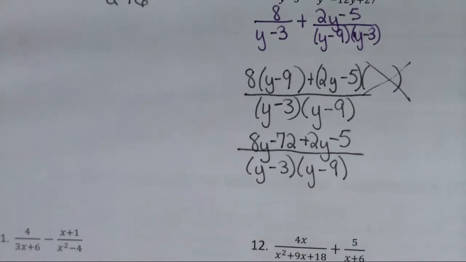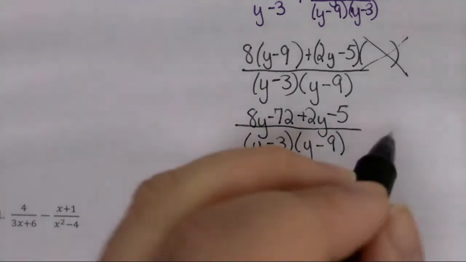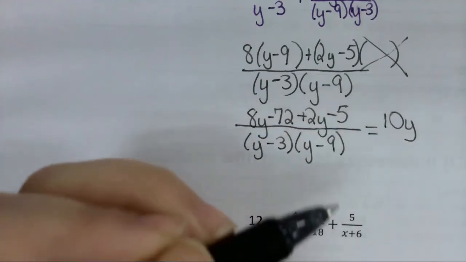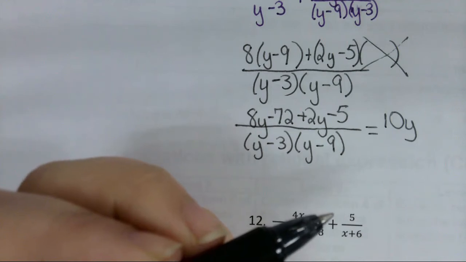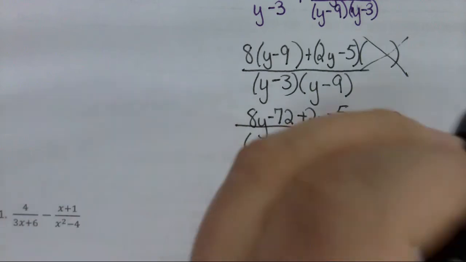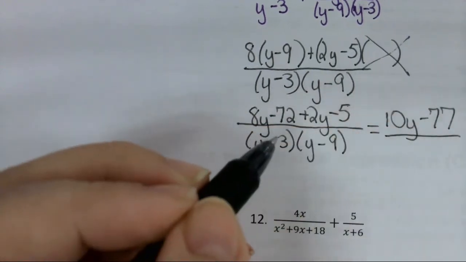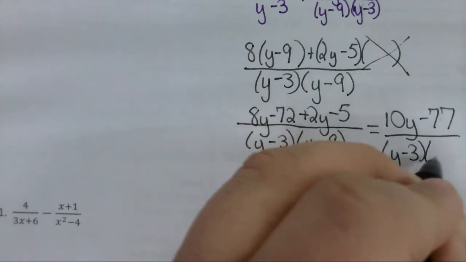Move that up a little bit for you. 8y plus 2y equals 10y, and negative 72 minus 5 is negative 77. And that's all over y minus 3, y minus 9.